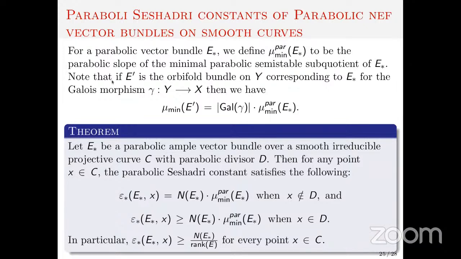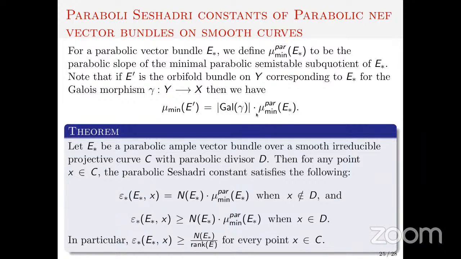Now, it is not quite difficult, by considering just the degree of the associated orbifold bundle and the parabolic degree of E star, to show that if E prime is the orbifold bundle on Y corresponding to this parabolic vector bundle, then the mu min of the orbifold bundle is equal to the cardinality of the Galois group times the parabolic mu min of E star.